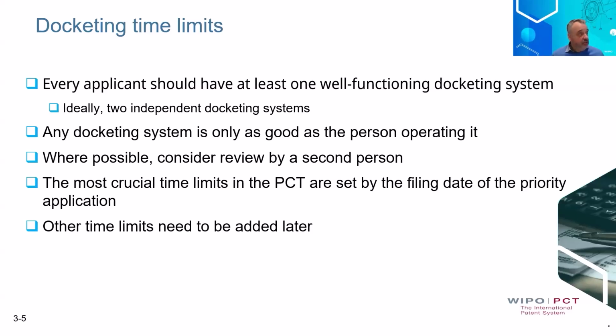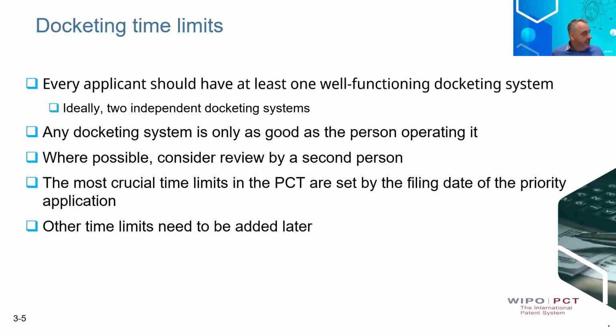Obviously, also the notification from the docketing system ideally is not only sent to one person, but maybe to 2, to warn the person that needs to take action that action is due within a certain time limit. So really keep that in mind. It's not just having a wonderful IT system that would do all the docketing. You also need the human individual operating that system to make sure that everything is entered correctly and dealt with within the appropriate time frame.